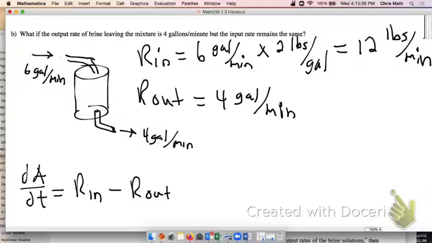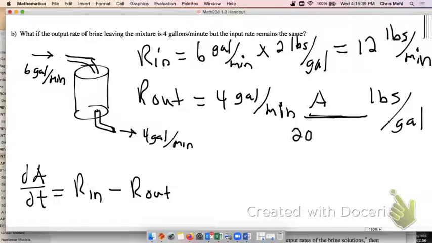At any moment in time, you still have A pounds of salt. You need to figure out the number of pounds per gallon. What you need to notice is that now you need to find the number of gallons in the tank at an arbitrary time.